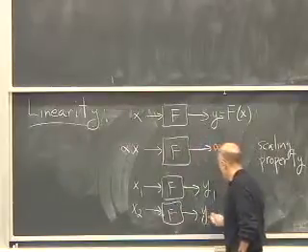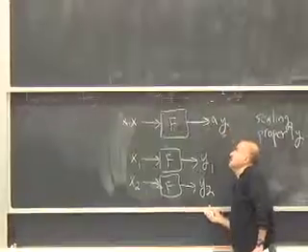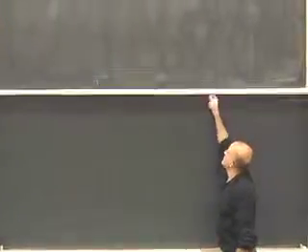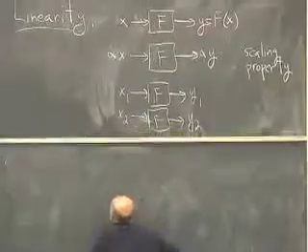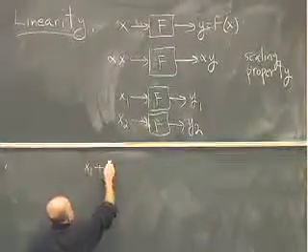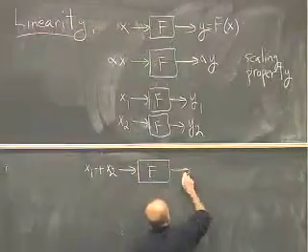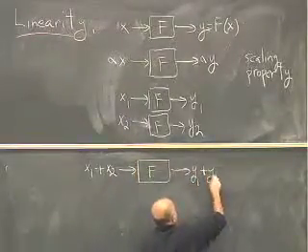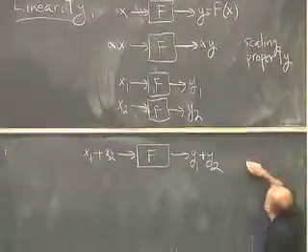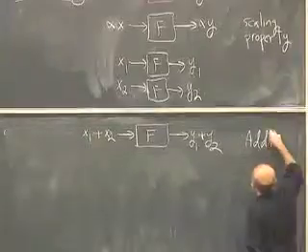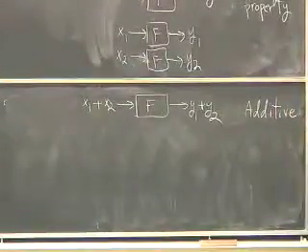Now, suppose an input signal x1 produces an output signal y1, and an input signal x2 produces an output signal y2, then if the system is such that its response to x1 plus x2 is y1 plus y2, like in the resistor example, then we say that the system is additive. It satisfies the additivity property.